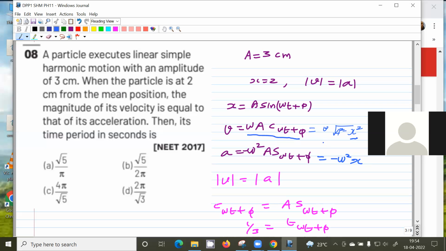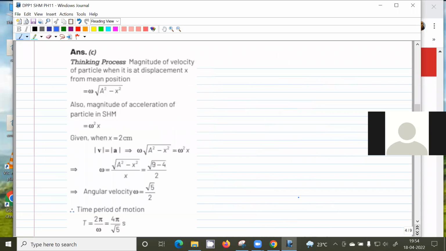So here that you can use. So from there you will get omega. Once you know omega, you will find t. Got it? Right, sir. So velocity is this one, and acceleration is omega square x. When x is positive, acceleration is negative, but it's magnitude, that's why the minus sign is not there.